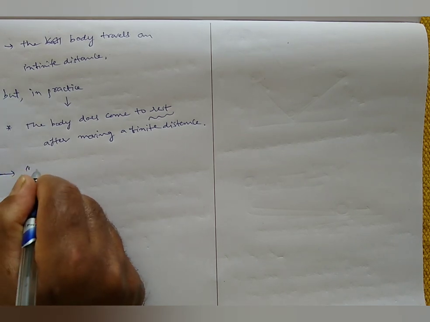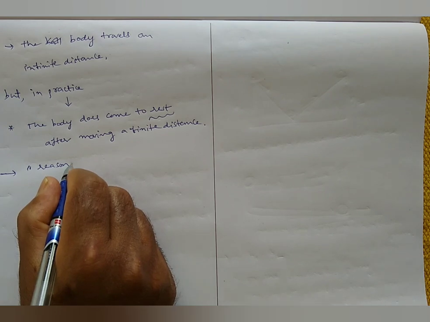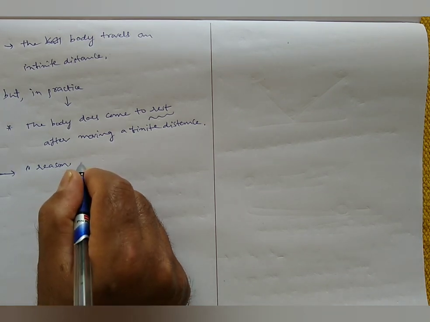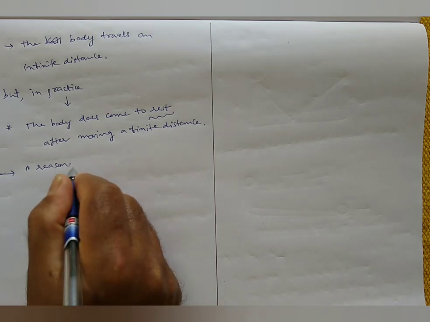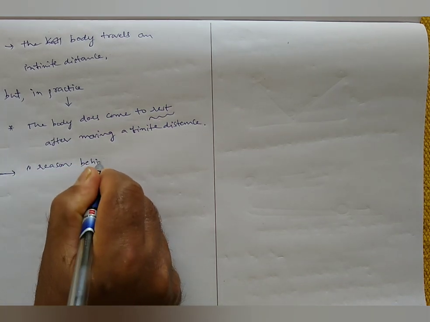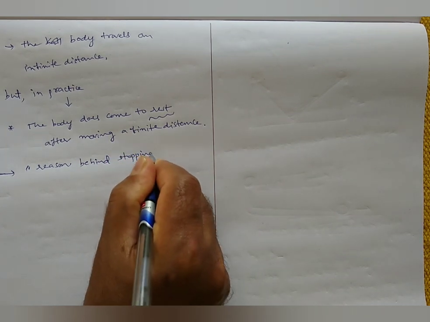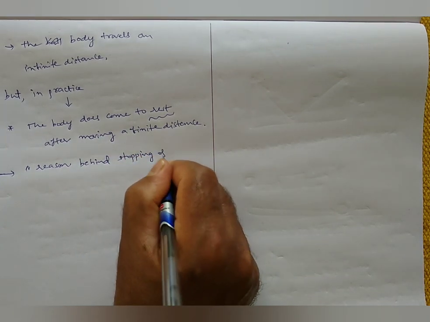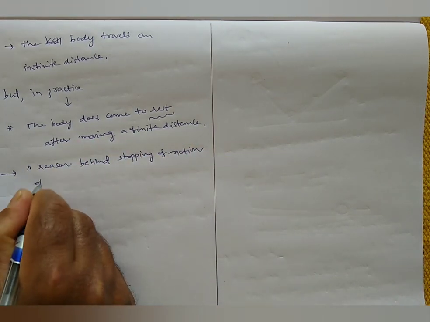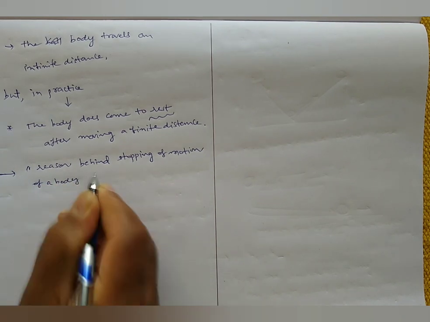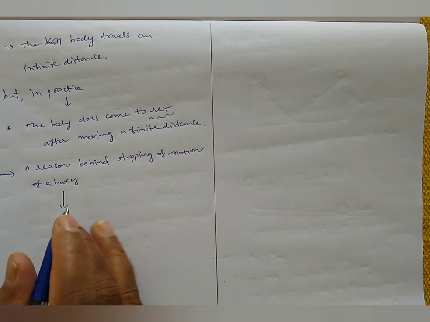The reason behind the stopping of the motion of a body was given by Galileo. That is friction.